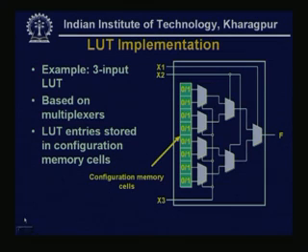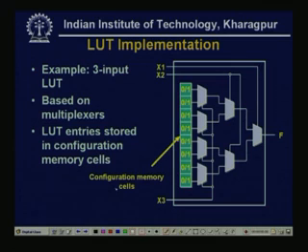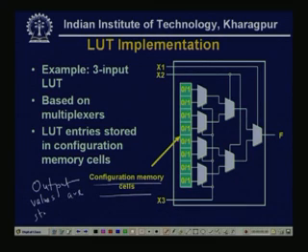The configuration memory cells mean that the output values are stored as the content of the LUT, and the 3 inputs x1, x2, x3 are treated as the address of the memory. In this way the LUT can be implemented.